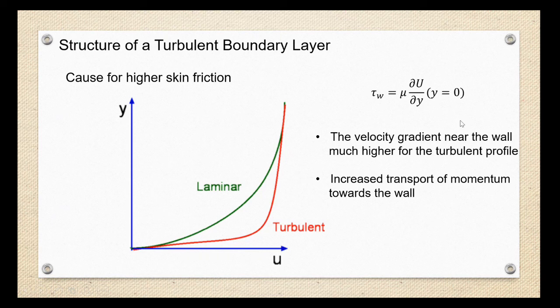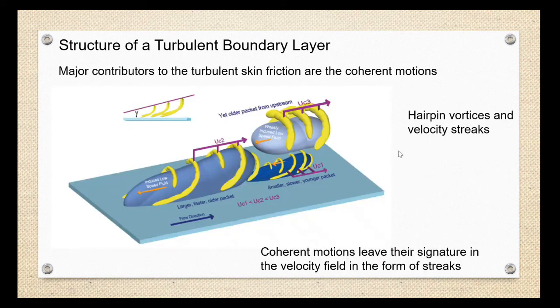And if you now open up and look at what constitutes a turbulent boundary layer, what it is composed of, you can describe the motion in terms of the so-called eddies. These eddies in fact cause an increased transport of momentum towards the wall. Now, one way of looking at these eddies, which has especially emerged in the last 2 or 3 decades, is the so-called coherent motions.